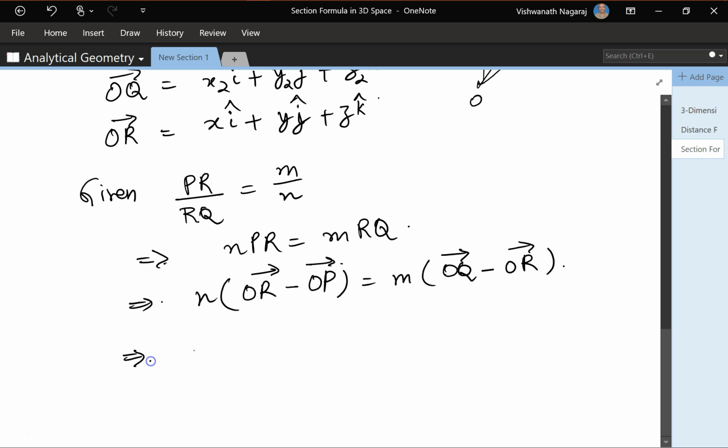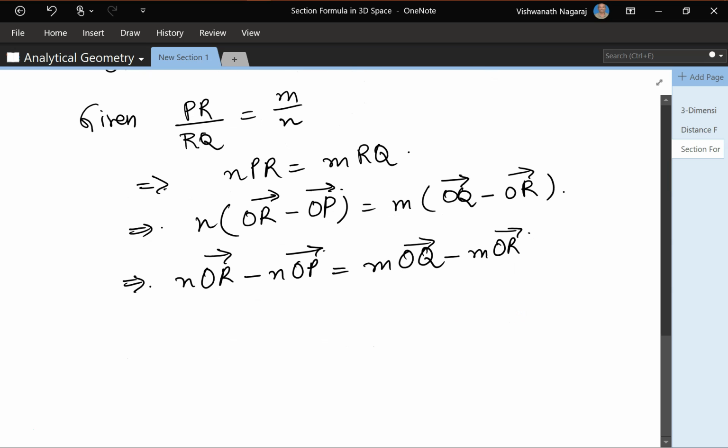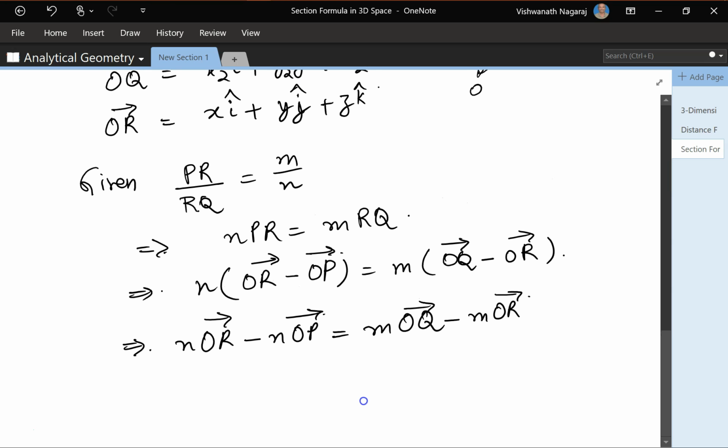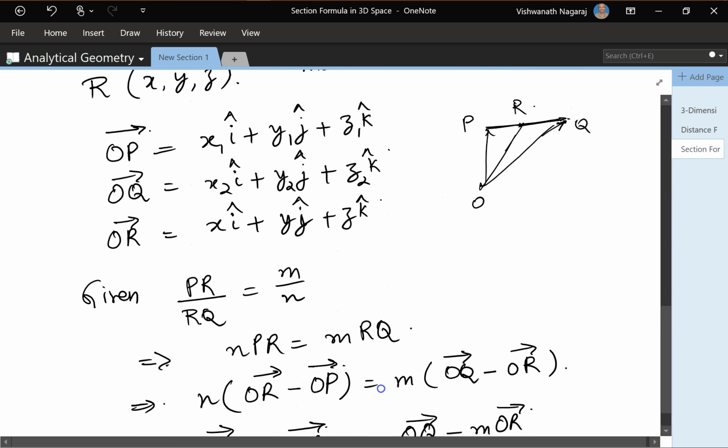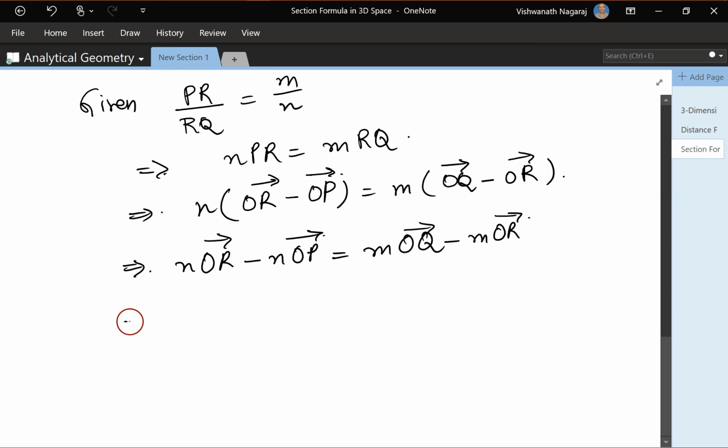So let's open it up. nOR minus nOP is equal to mOQ minus mOR. Now here what we have to figure out is OR. We have to find the position vector of R, which is nothing but OR.